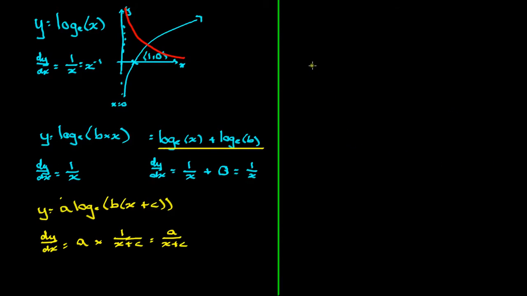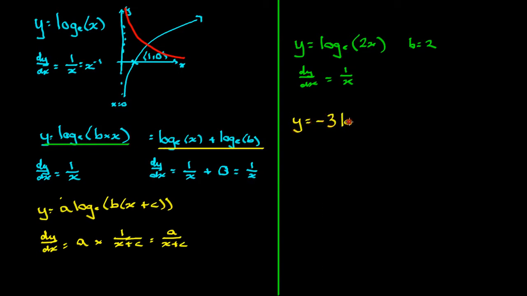Okay. Let's start off with y is equal to log base e of 2x. Since b is equal to 2 here, and it takes the form y equals log e of bx, I can say dy/dx is equal to 1 on x. A slightly more difficult example below that, y is equal to negative 3 times log e of negative x.